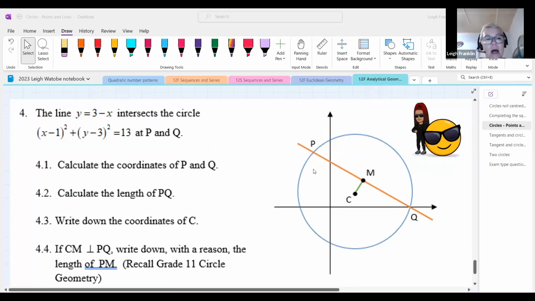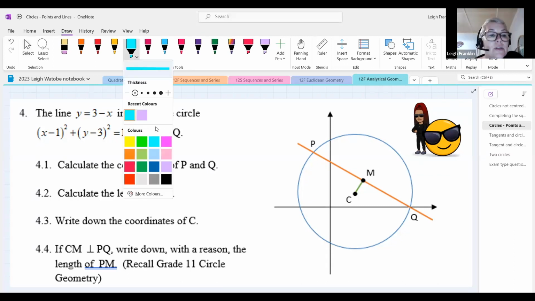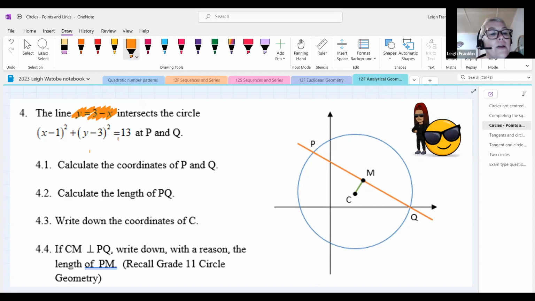All right. So let's have a look at the sort of question where we would have to apply some of this information that we have learned about in the previous lessons. Let's look at this example. They give us the line y equals 3 minus x. That's the orange line, Matrix. I'm just going to use some colors here and highlight it. Okay, so that's this orange line over here.